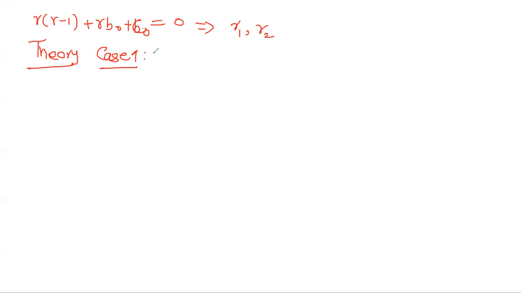So case 1 says that r1 and r2 are real and distinct, but they do not differ by an integer.